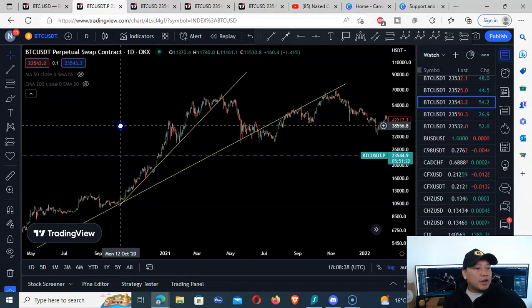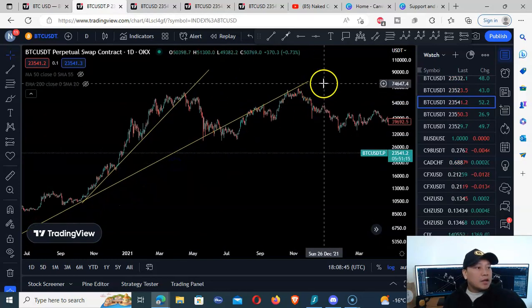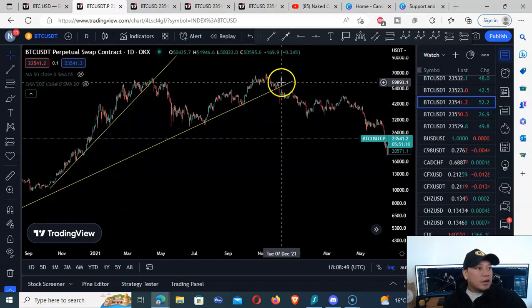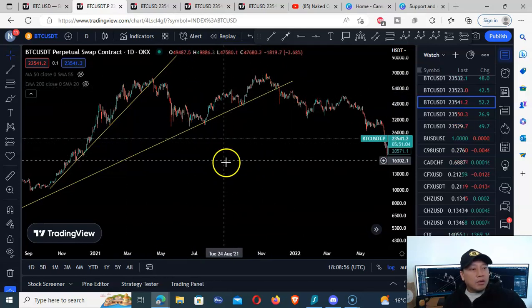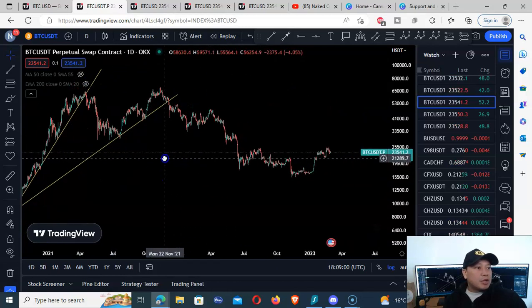I predicted the first crash of Bitcoin in 2021, and the other crash is somewhere here in December 2021, twice in the same year. That's how simple, guys, simple but yet powerful.